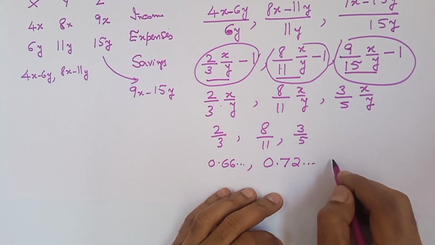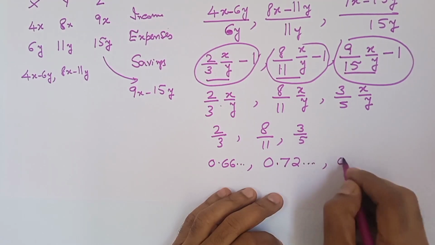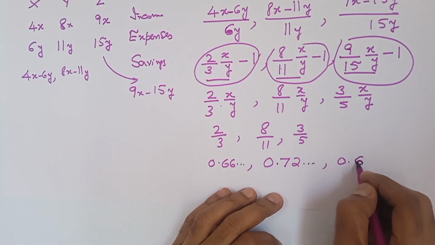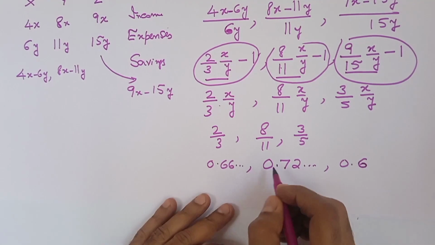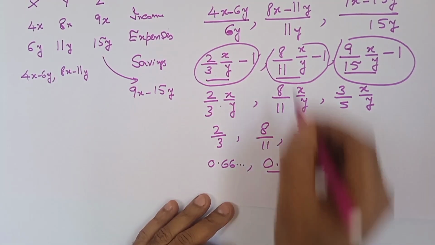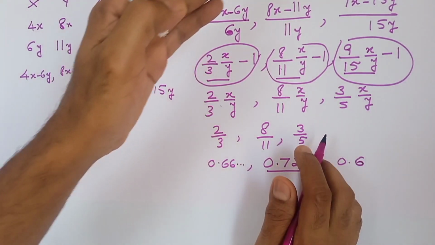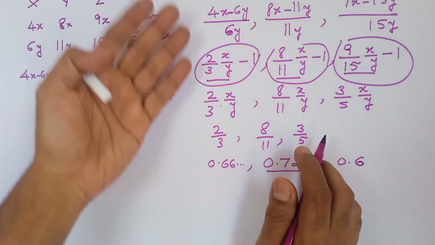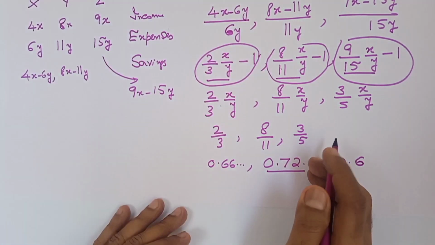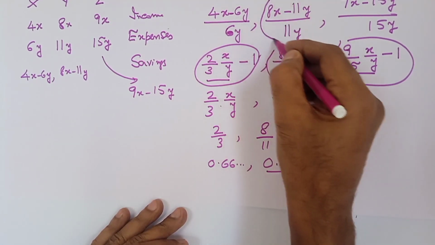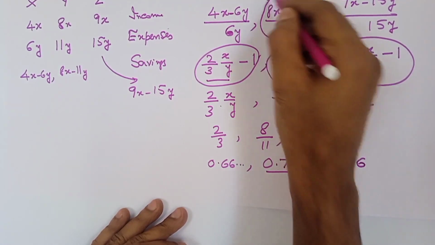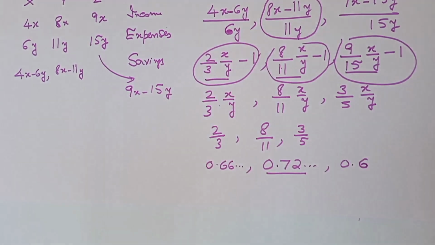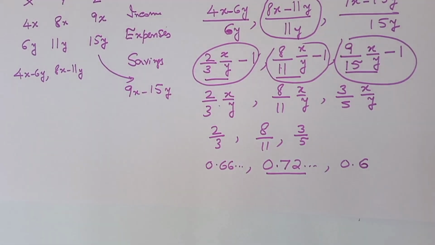Here it is 7. 3 by 5 is 0.6. Obviously, this is the highest. So y's savings as a fraction of his expenses is the highest. So this is how to compare these fractions without knowing the actual values of x and y.